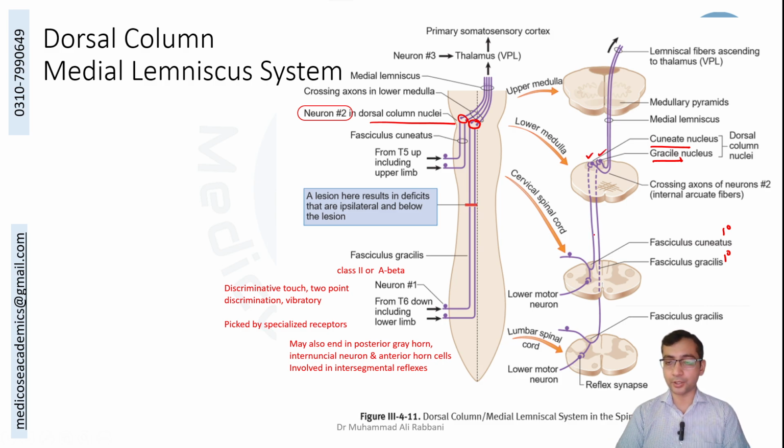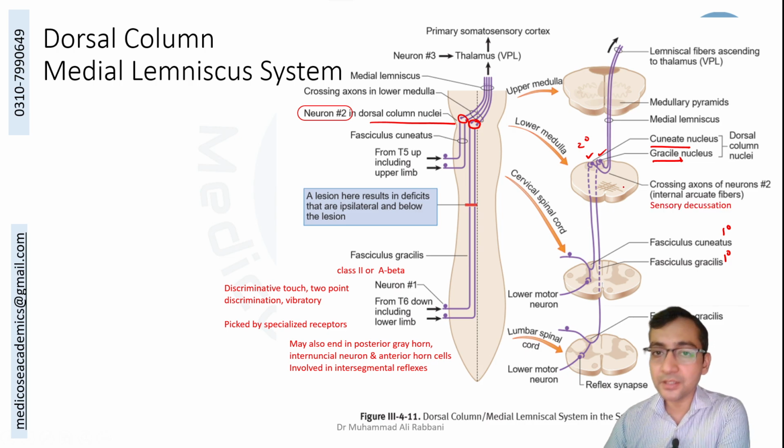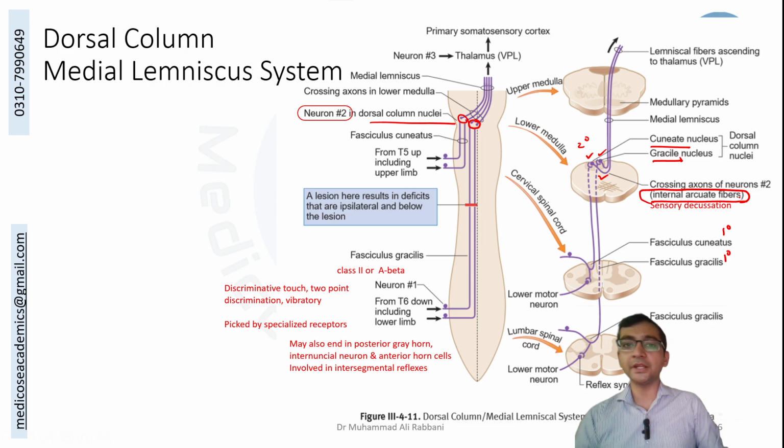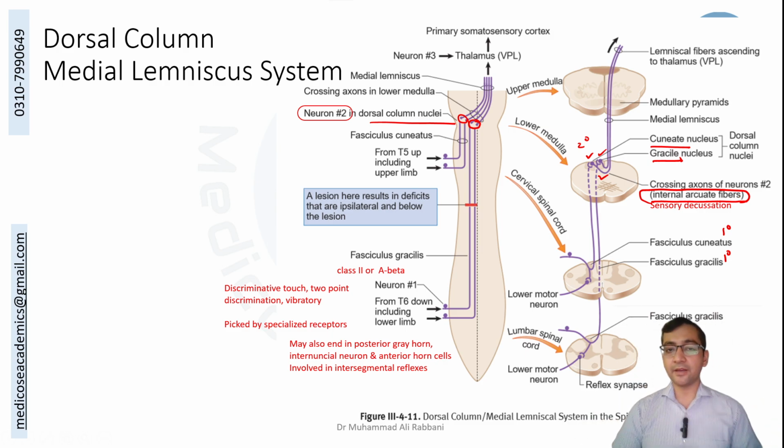So these are the second order neurons. They have synapsed here, and what does the second order neuron do? Their axons cross the midline, and these crossing fibers have a special name. They are called internal arcuate fibers. These are second order neurons of the dorsal column medial lemniscus system that are in the process of crossing the midline.